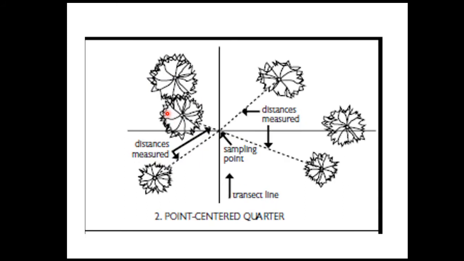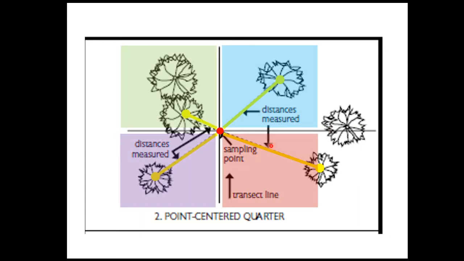Next is the point-centered quarter. Now we have the sampling point, and after that you create four quarters. Once you have the four quarters, you get the distance from the sampling point to the nearest plant, or the nearest individual, for each quarter.